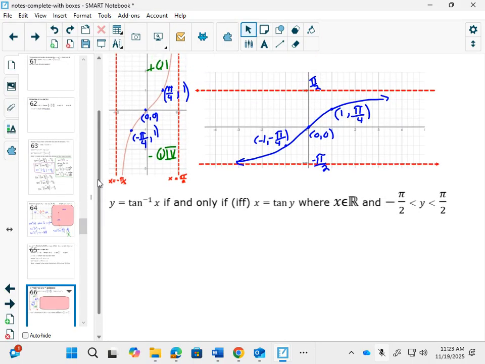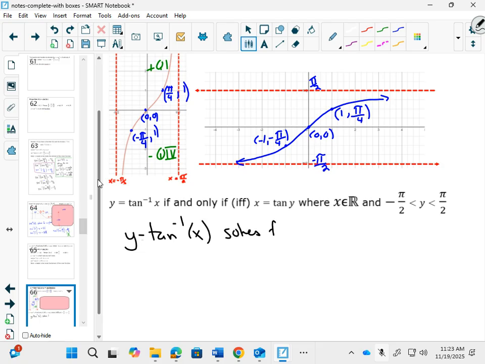And if I write the same shortcuts as before, we know that tan inverse of x solves for an angle.